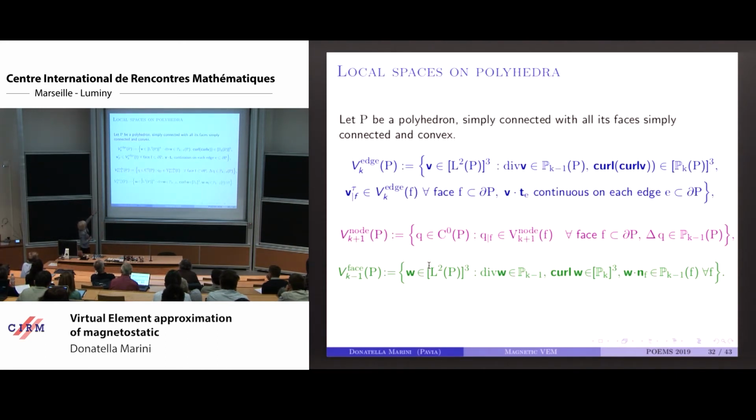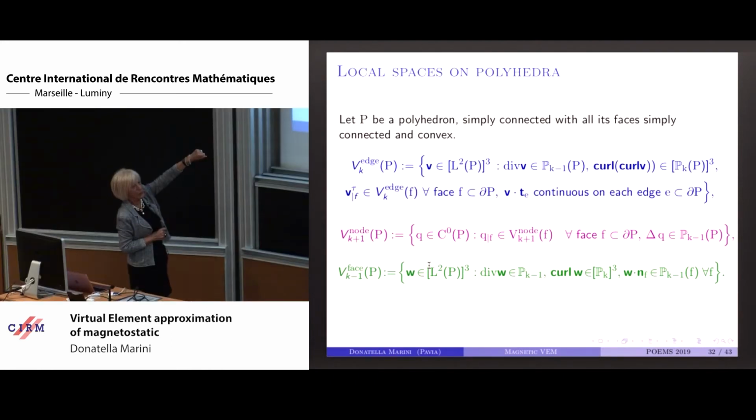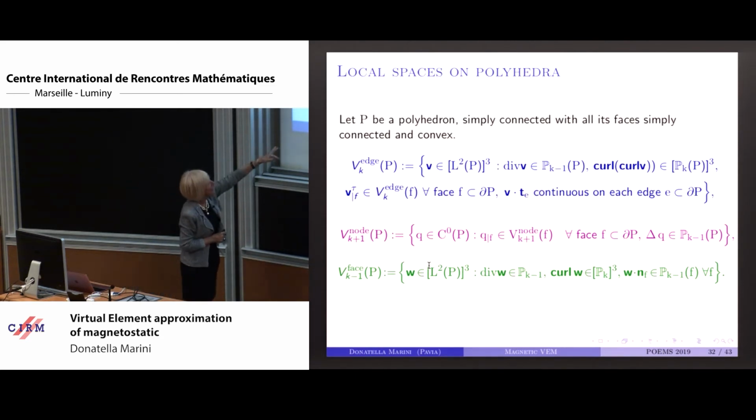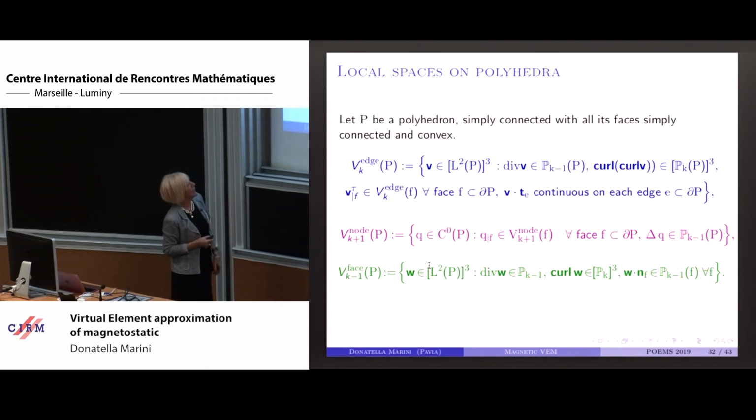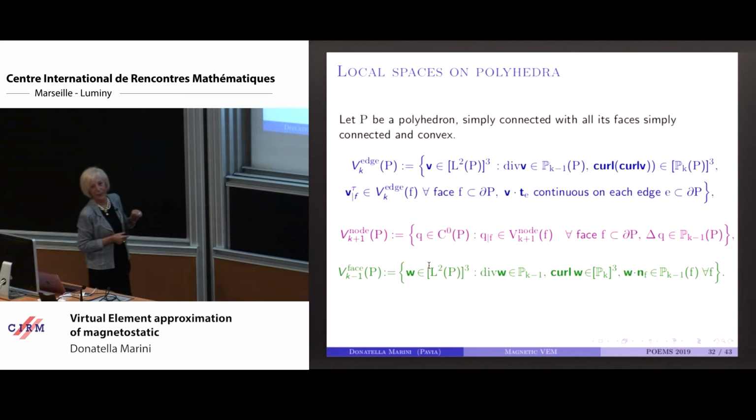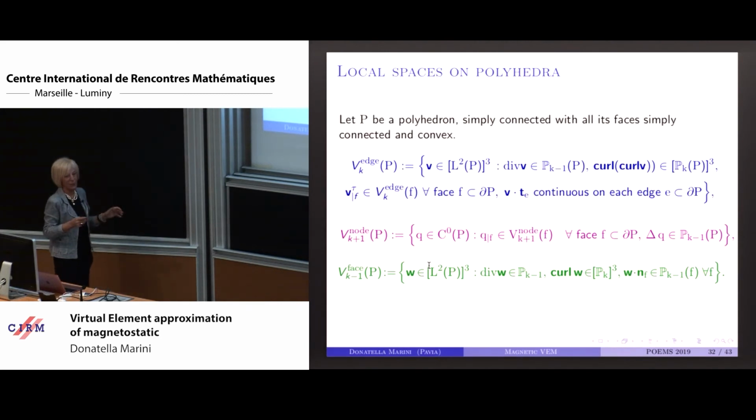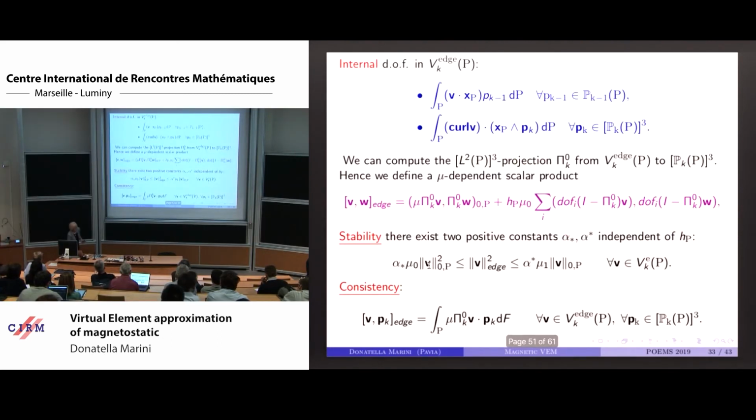The nodal space will be made of functions which belong to V node k plus 1 on each face, and the Laplacian inside is of degree k minus 1. And then V face: normal component of degree k minus 1 on each face, curl of degree k, and divergence of degree k minus 1.